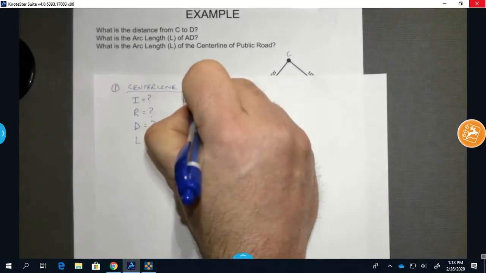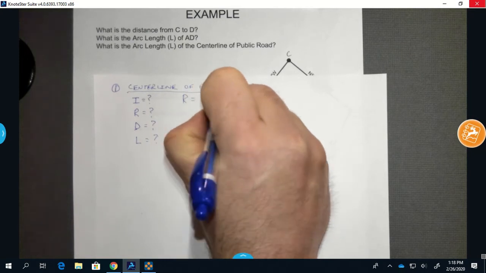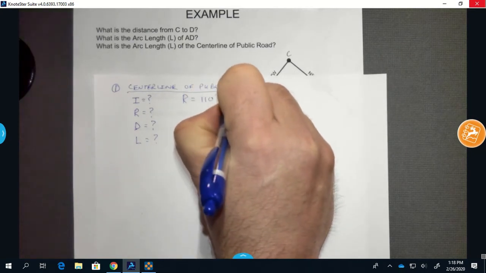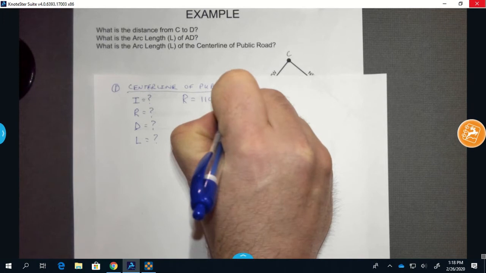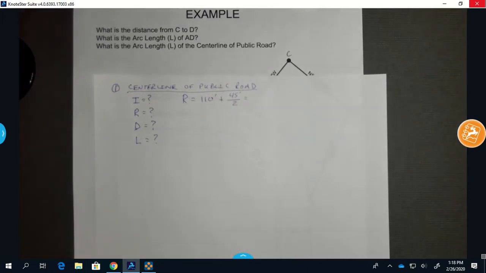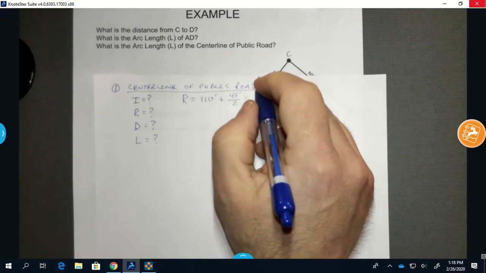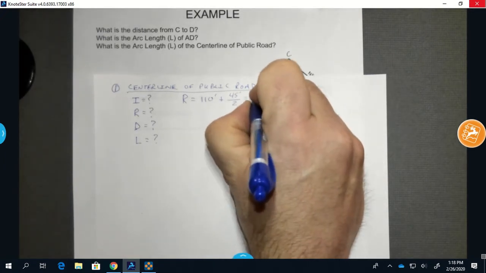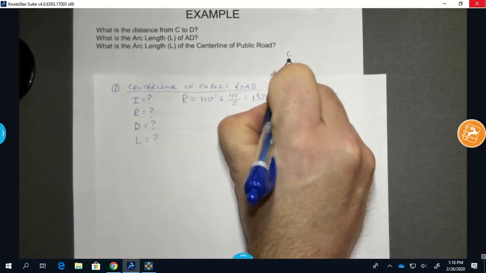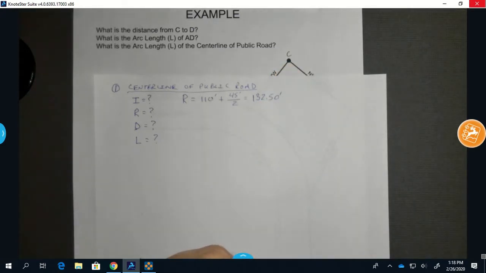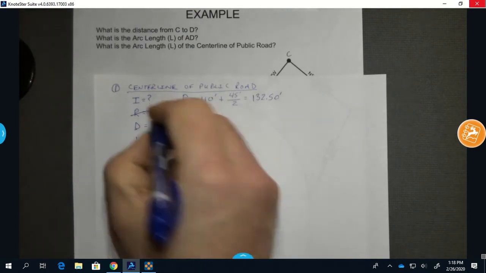So let's write that out. 110 feet plus half of 45 feet. In this particular example, this is how we're finding the radius. So the radius is 132.50 feet for the center line of the road. Okay, so we found the radius. Next thing we're going to find, let's find I.